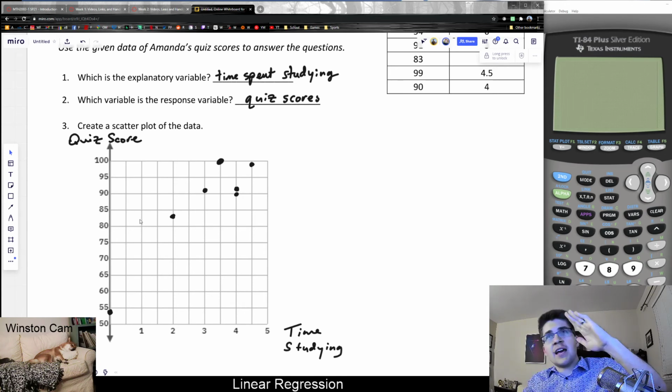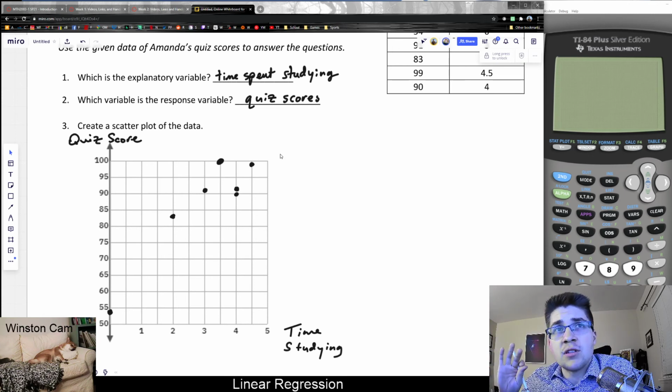In this data, eyeballing it, it sort of looks like it might be linear, but in the next 2 chapters, we're going to talk about how you actually calculate a value for the correlation. Remember, the correlation must fall between -1 and 1. And the closer it is to 1, the better it is. The closer it is to 0, the worse the correlation is. And that's what we're going to be working towards in the next couple of videos.